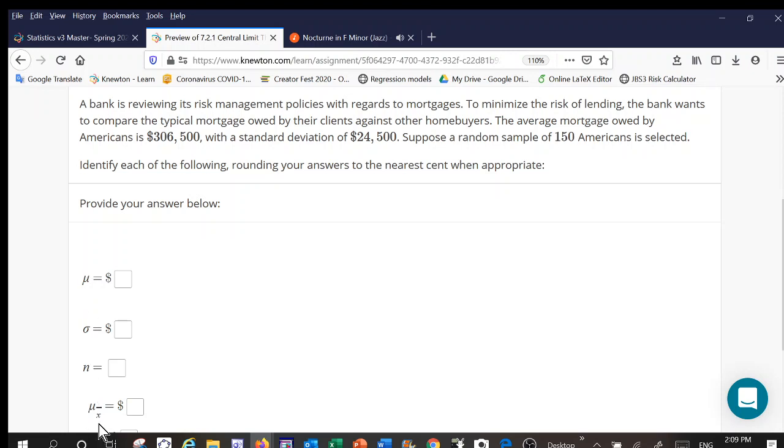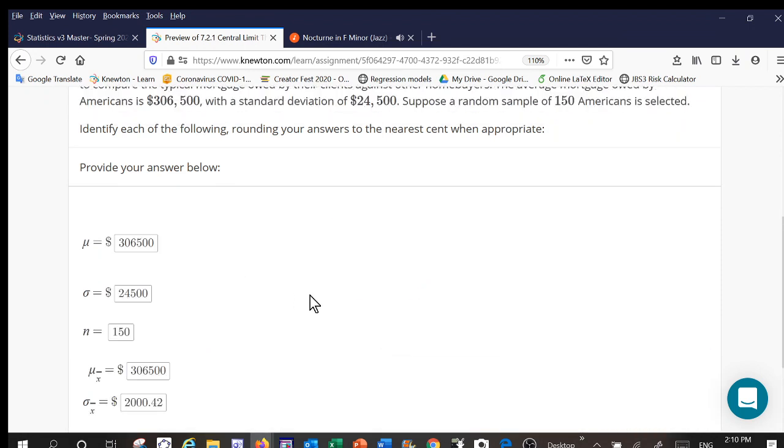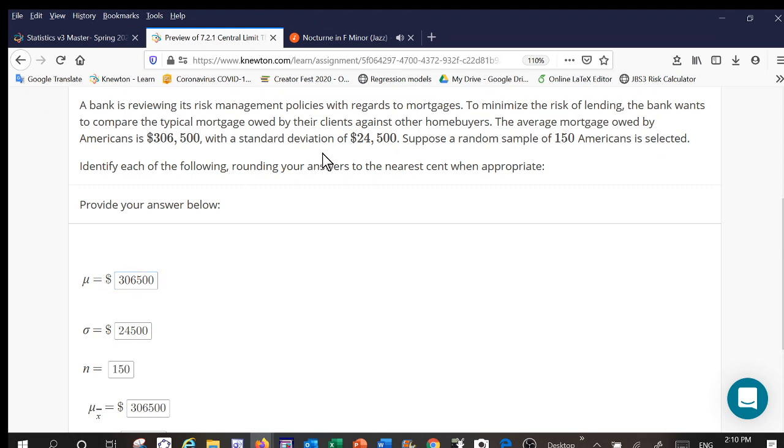This mu has a subscript of x bar. So this is the mu of the sampling distribution of x bars, which is the same as that mu. So filling this in, that one is the same as the mean of the population. We have it right there. That goes there. Standard deviation is right there.